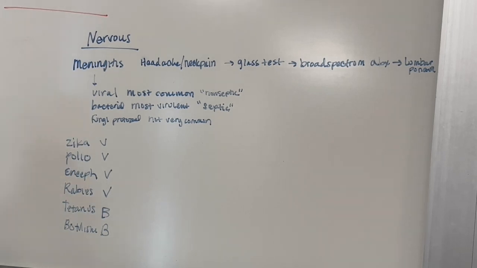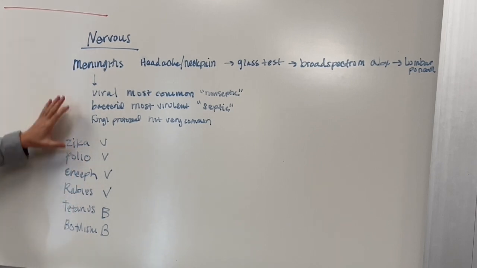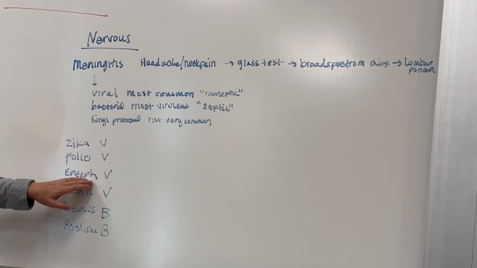Is rabies the one that causes... Zika is microencephalopathy. Polio, these are all nervous system, so they all affect the nervous system, but polio affects the nerves and the neurons that attach to the muscles, and then the muscles become malformed, and the bones can even become malformed from poliovirus.